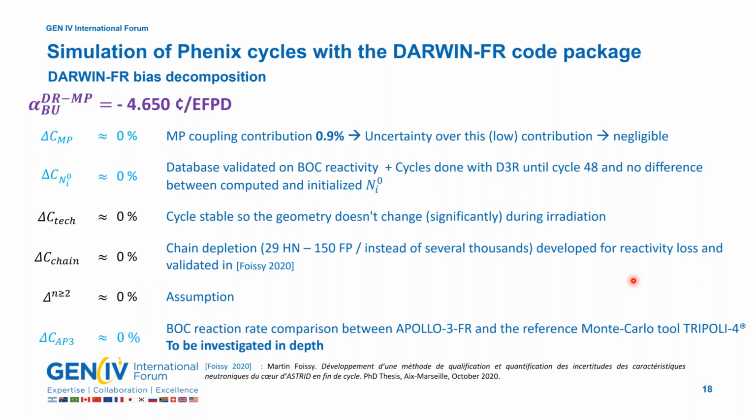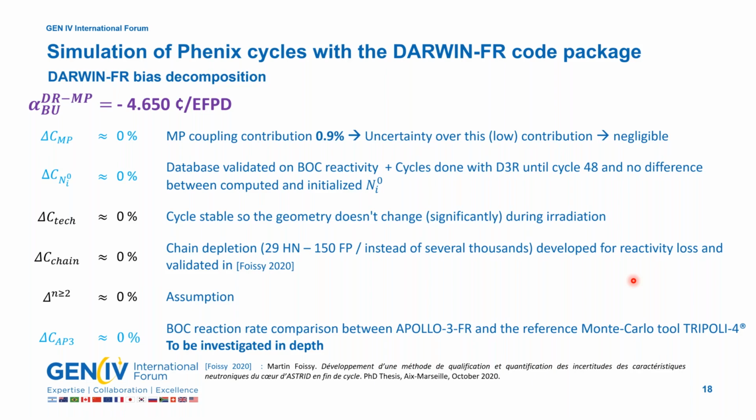We don't know, but we have a computed database which is validated towards the beginning of cycle reactivity, which means that we are quite confident about the isotopic composition given by this database. So we consider that the bias induced by the isotopic composition initialization with this database is negligible on the reactivity loss coefficient.